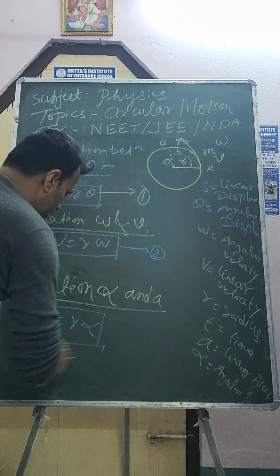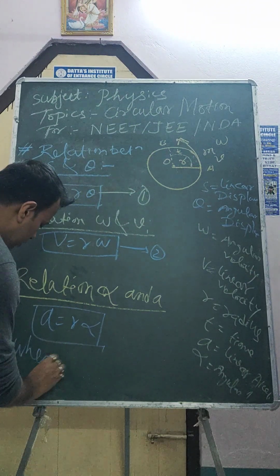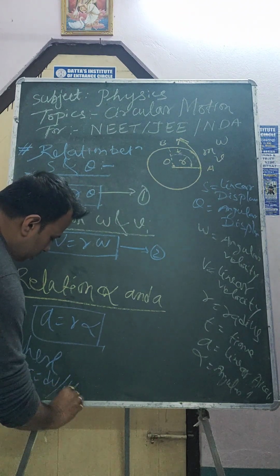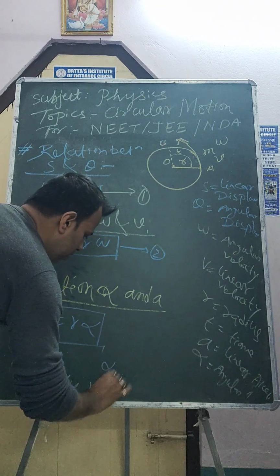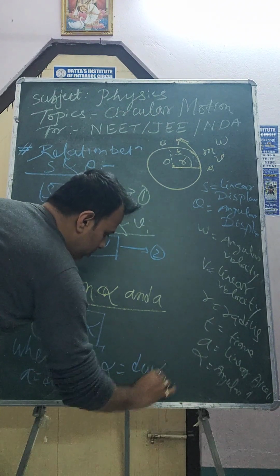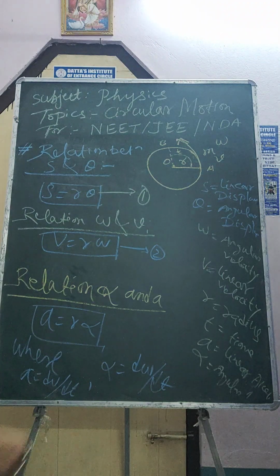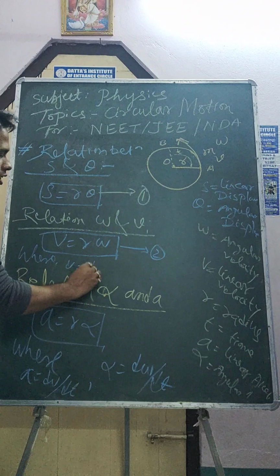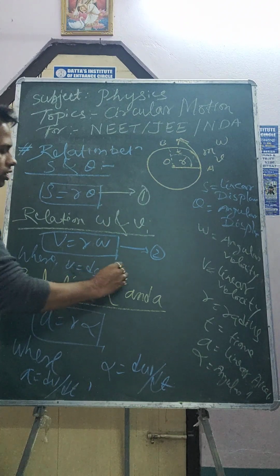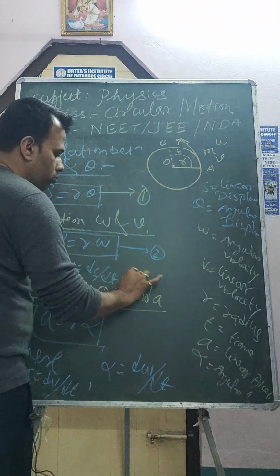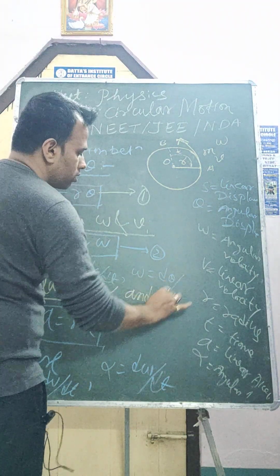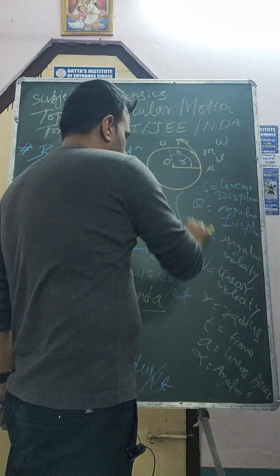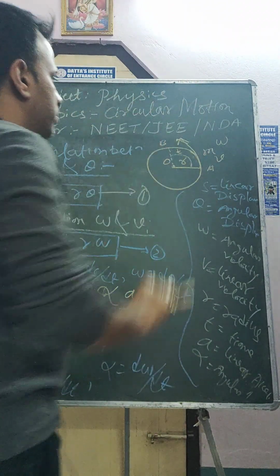We have to know that a is dv by dt and alpha is d omega by dt, where v is ds by dt and omega is d theta by dt. Good, fine. And here I explained all the term variables.